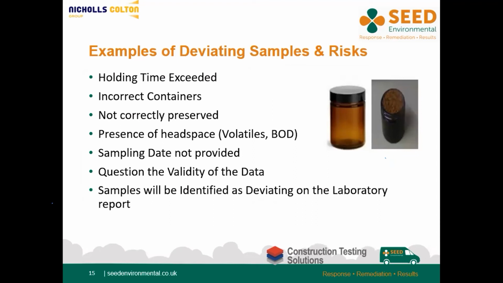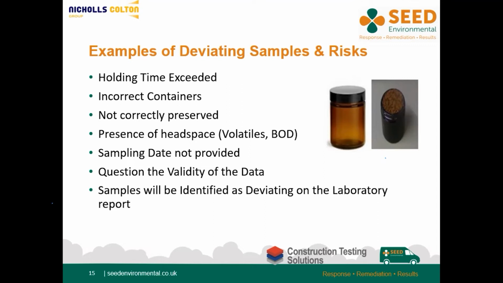To explain this further, here are examples of deviating samples. The holding time has been exceeded, there are incorrect containers, it's not correctly preserved, there's headspace, the sampling date has not been provided. All this questions the validity of your data, and these samples will be identified as deviating by the laboratory.